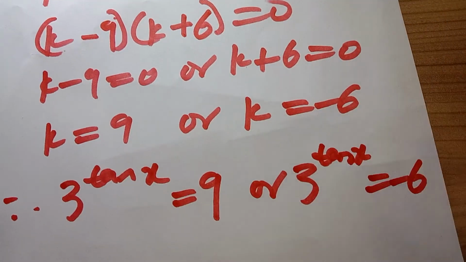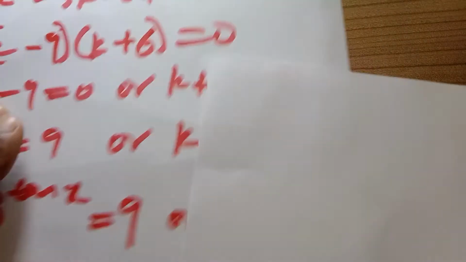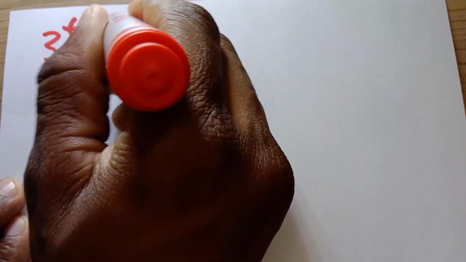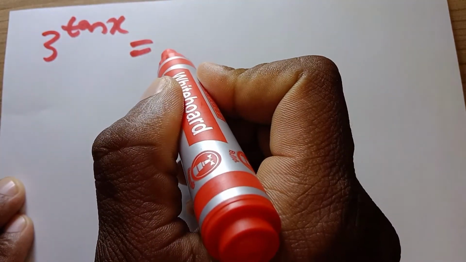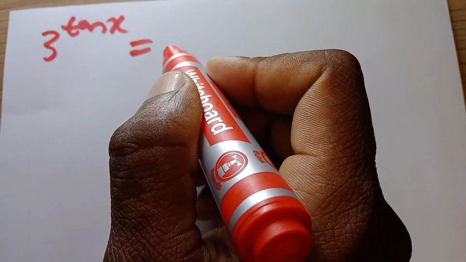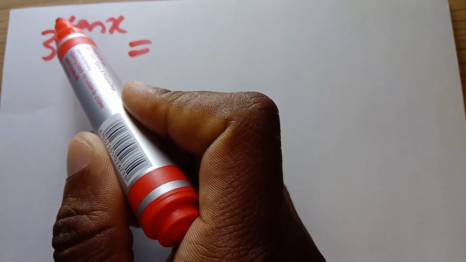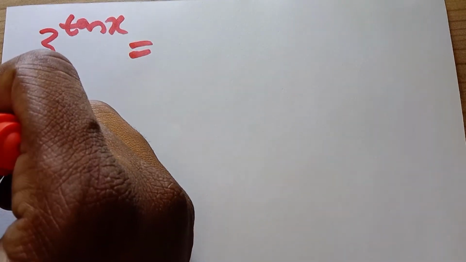Then we try to simplify. Let's try to simplify it. We start with the first one. We are having 3 to the exponent tan x, and this side we are having the 9. With the 9, I'm trying to represent it in the base of 3.